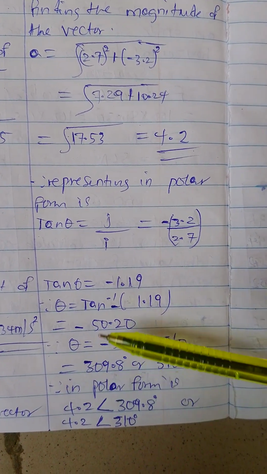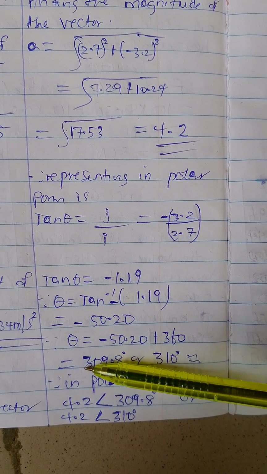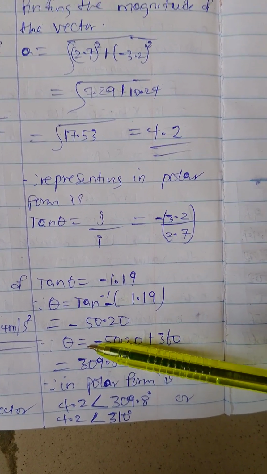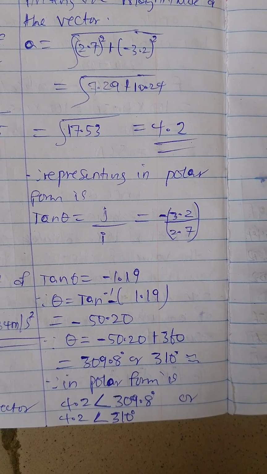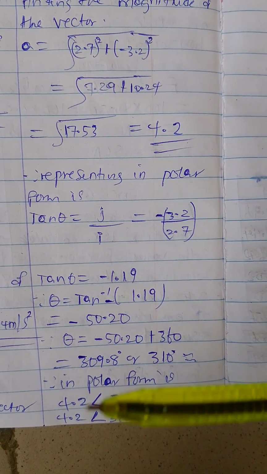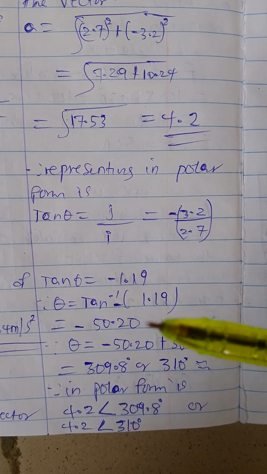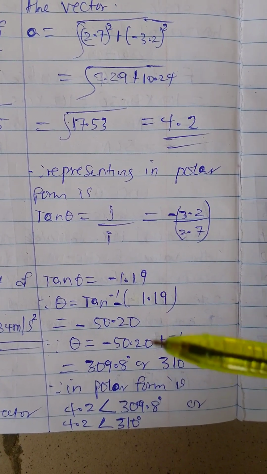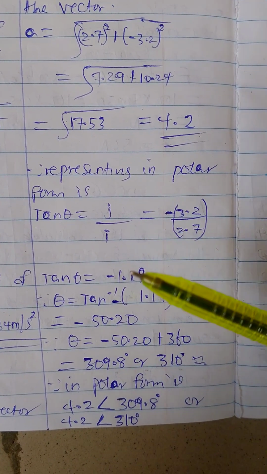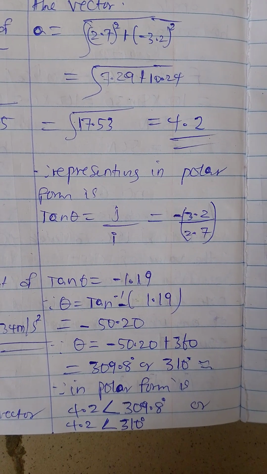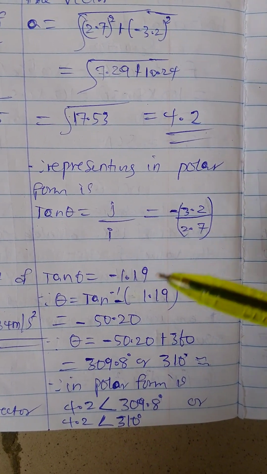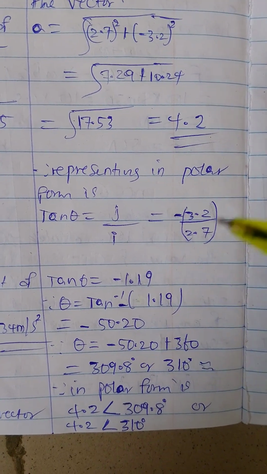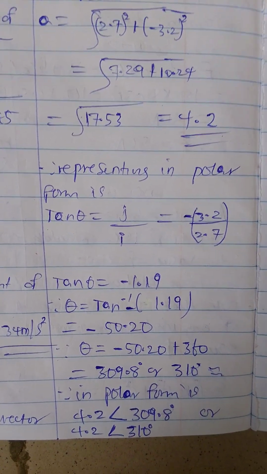Now therefore my theta is 50.2. You know that in a polar form you can't get negative angle, you understand? So I know that in a polar form, if your angle is negative, add it with 360. Also, if your angle is positive, subtract it from 360.